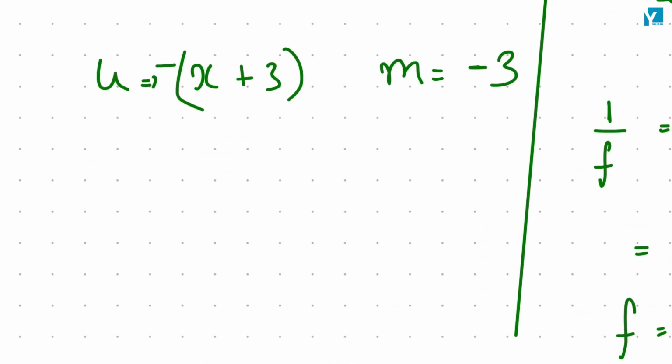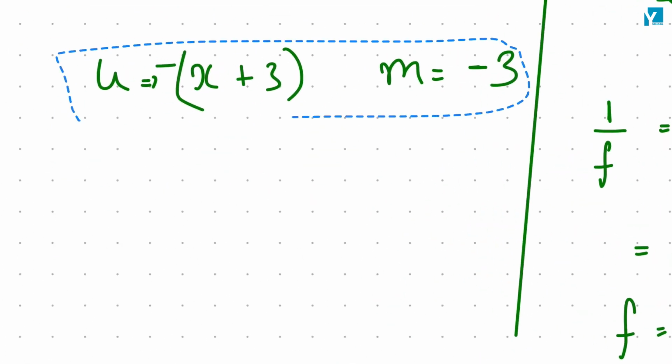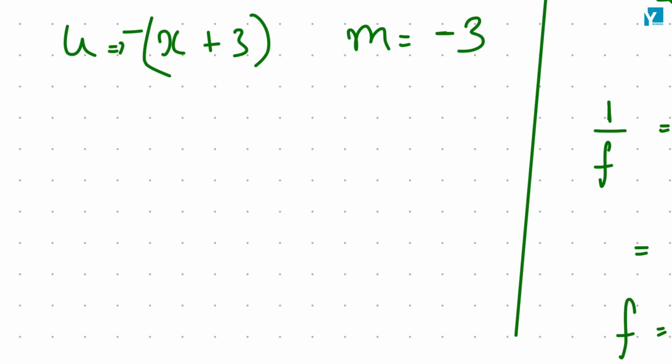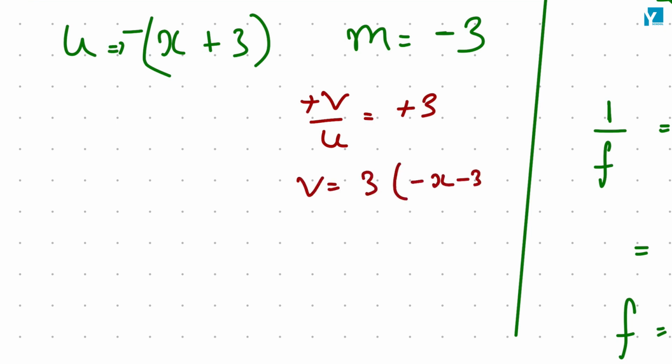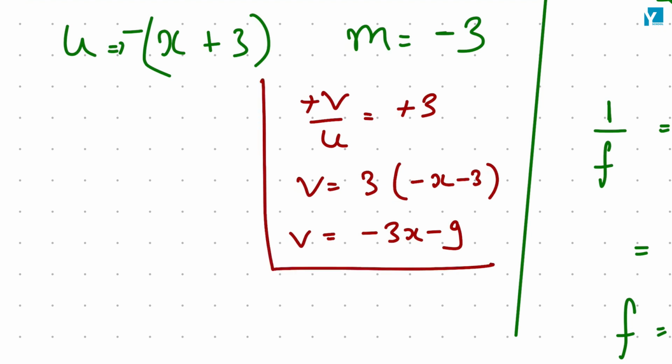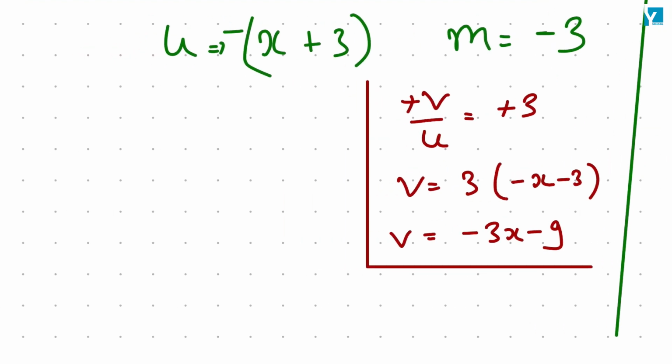Let's try solving this one again, and I'm hopeful that we'll get to the correct answer. We have m, which will give us the value of minus v upon u, which is equal to minus 3. V is equal to 3u, which is equal to minus 3 times x plus 3. So we have minus 3x minus 9 as our v, or image.